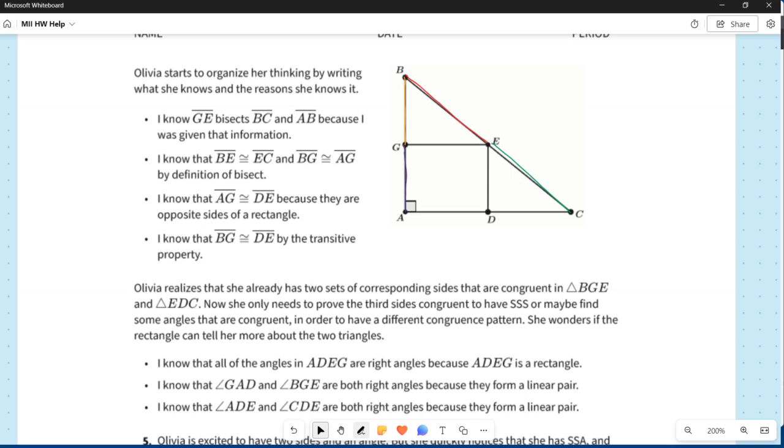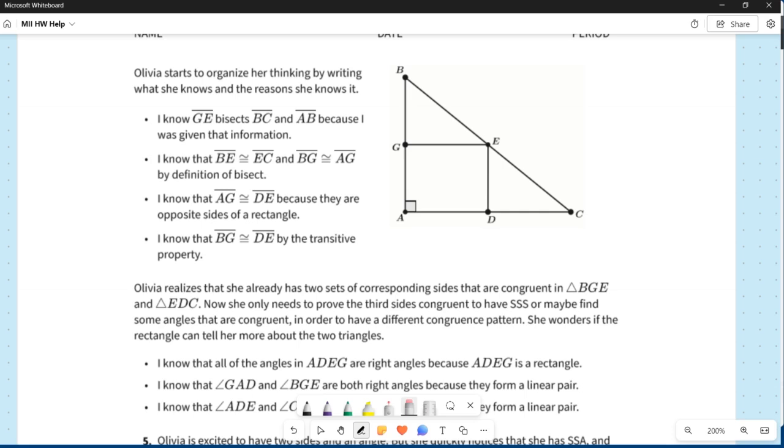So bisecting means to essentially cut in half. And so because GE bisected both of those longer pieces, we know that BE is congruent to EC and BG is congruent to GA. Both of those longer sides got cut in half.